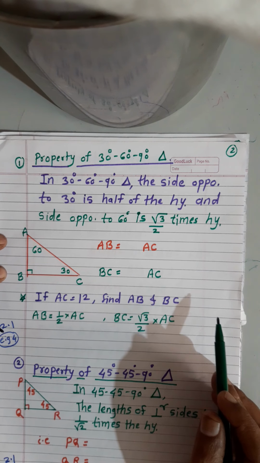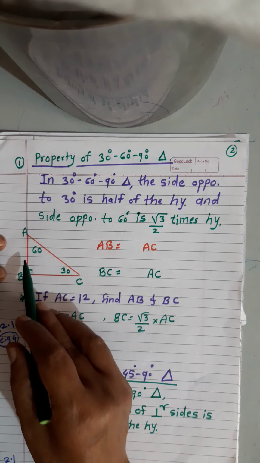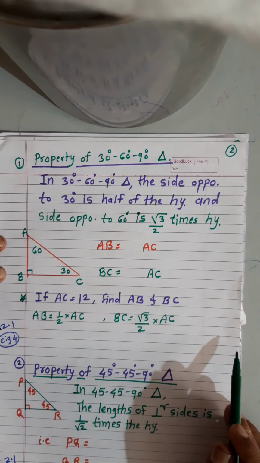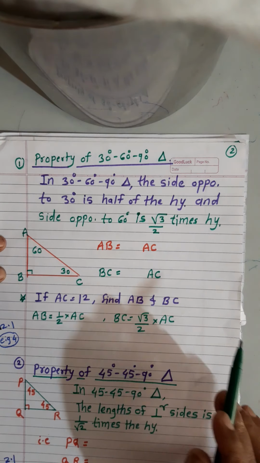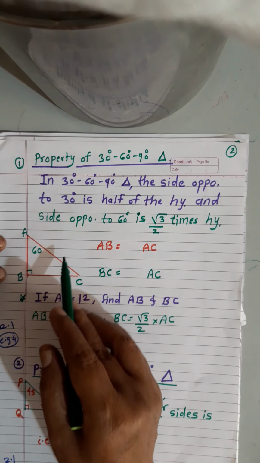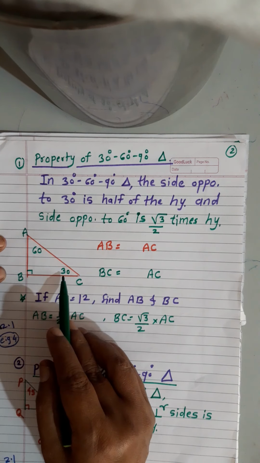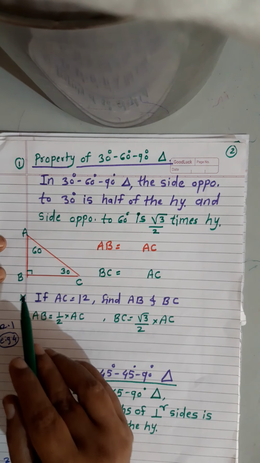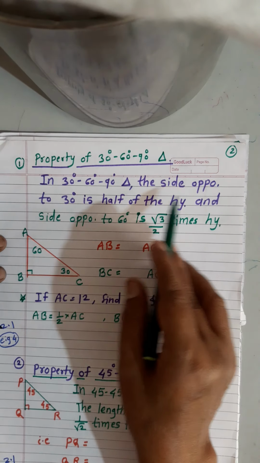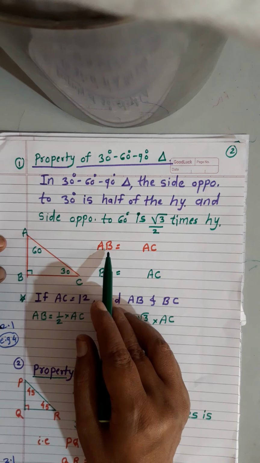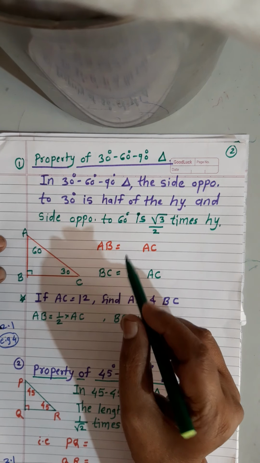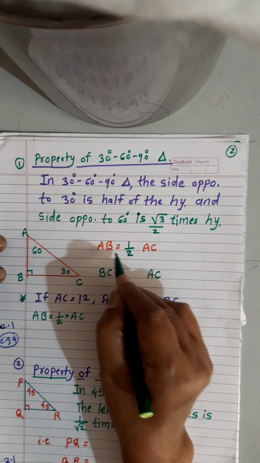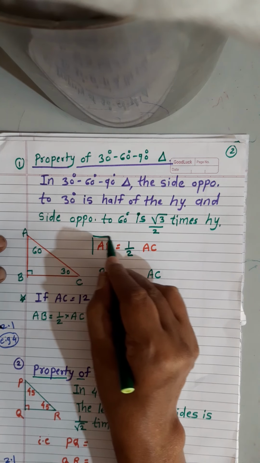See, here triangle ABC is 30, 60 and 90. Then what we have to show is that the side opposite to 30, AB, is half of the hypotenuse.